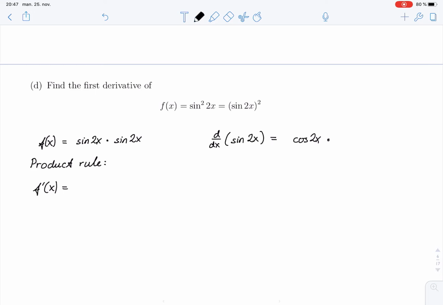And then we need to multiply by 2 afterwards, because that would be using the chain rule. Okay, so we take the derivative of sine 2x, the first term here, which is 2 cosine 2x, and multiply by the second, plus the first one times the derivative of the second, which is 2 cosine 2x, since they are equal.